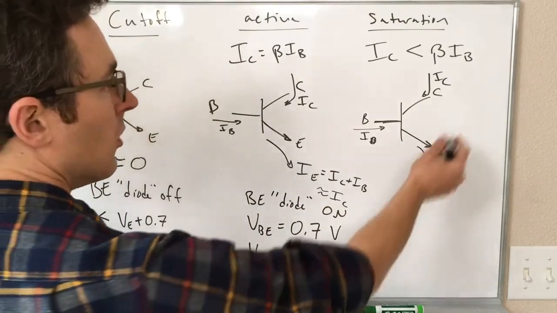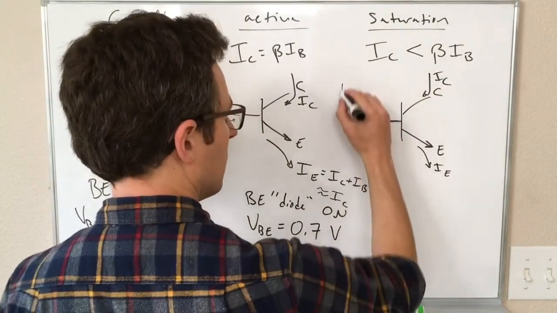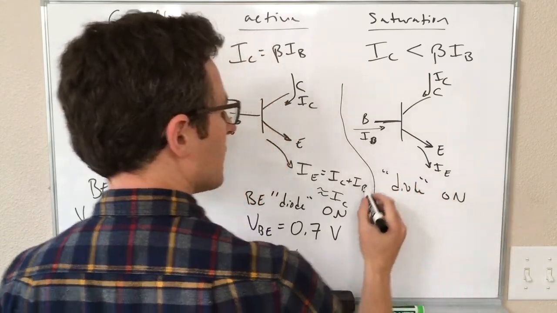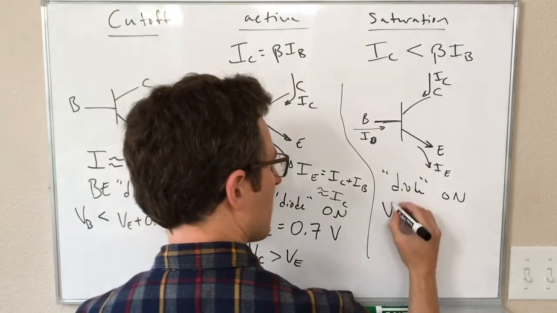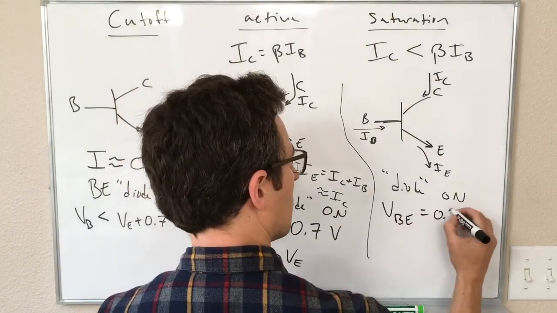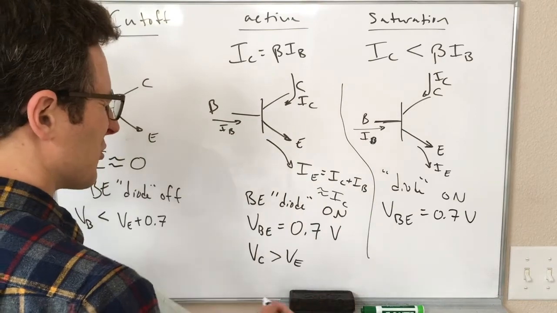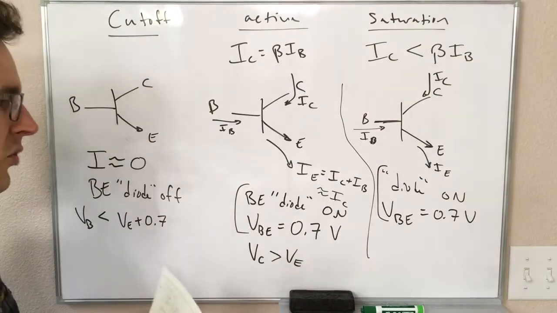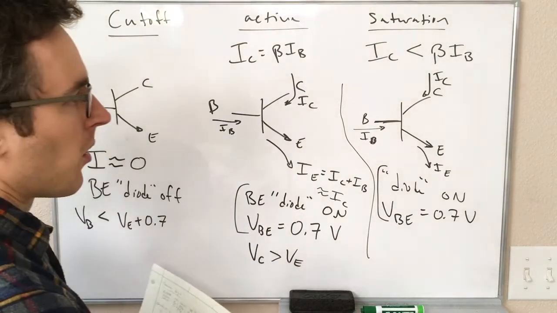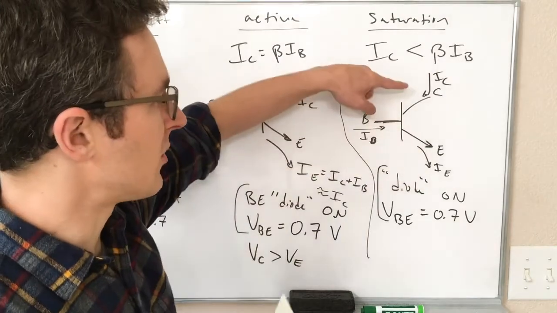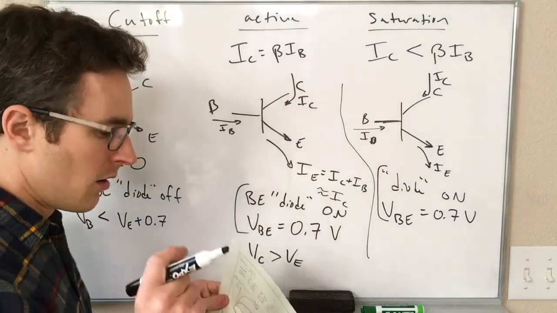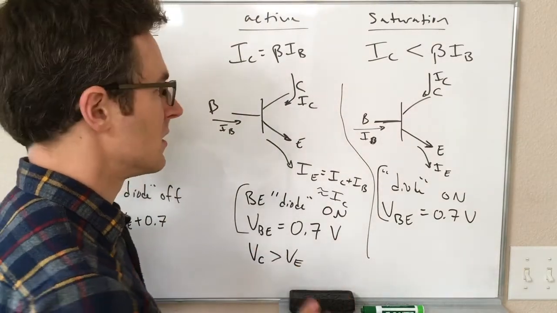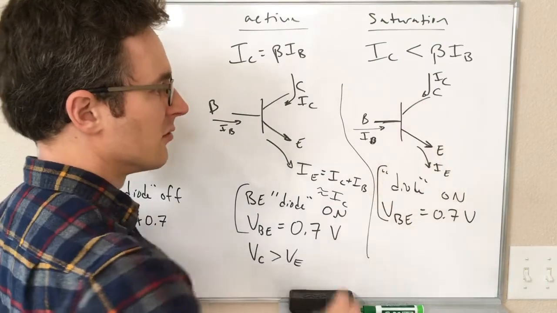Okay, so when this is true, our diode is still on. So that means we still have a base emitter drop of 0.7 volts. That is still true. These are the same, right? The diode being on means there's this 0.7 volt drop. And now what's going to happen is that our collector and our emitter are going to be at almost the same voltage. For most transistors like these, there'll still be a couple tenths of a volt difference.